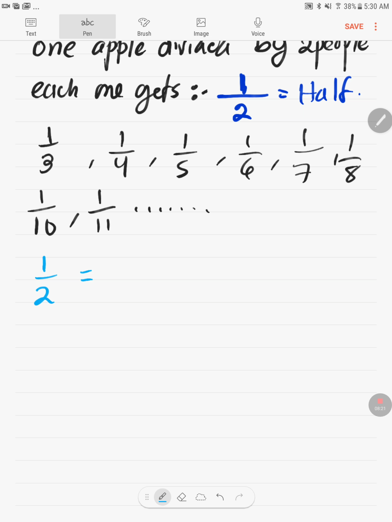So let's understand what decimal is. Decimal means, as we learned in part 2, if you haven't checked part 2, then you should check it out. Decimal comes from the word deci, D-E-C-I, which means 10.